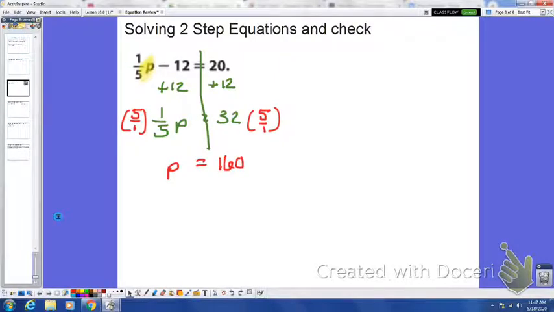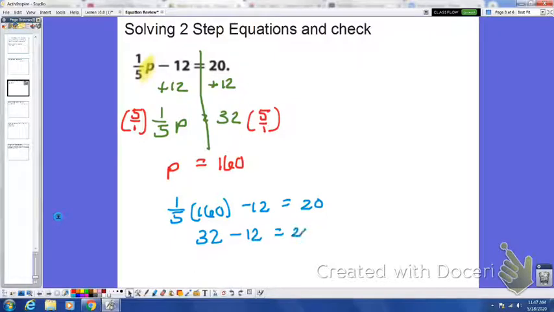And then just to do a quick check here, because we haven't done one in a couple problems, if I substitute that in there, 1/5 times 160 minus 12 hopefully equals 20. So 160 times 1/5 would give me 32, minus 12 equals 20. And 32 minus 12 is in fact 20. So it does check out.